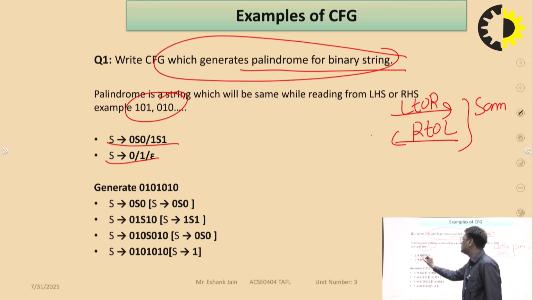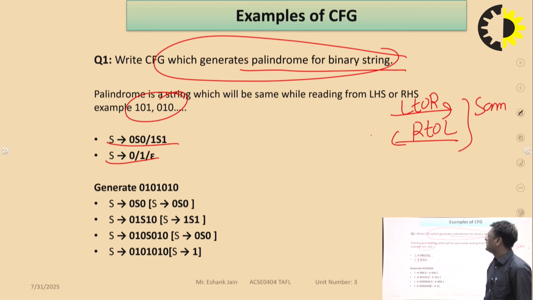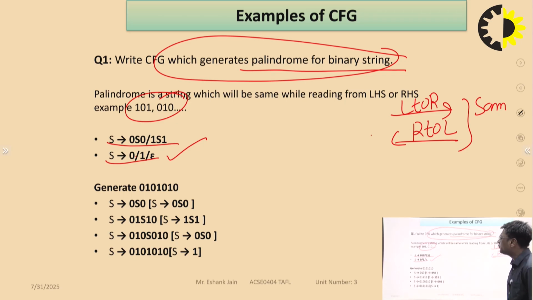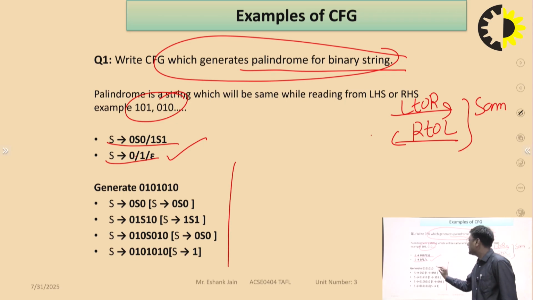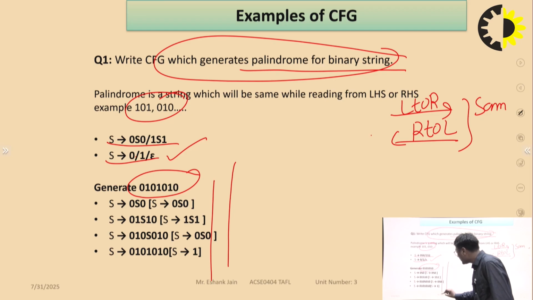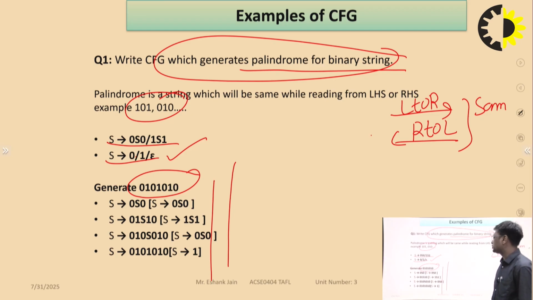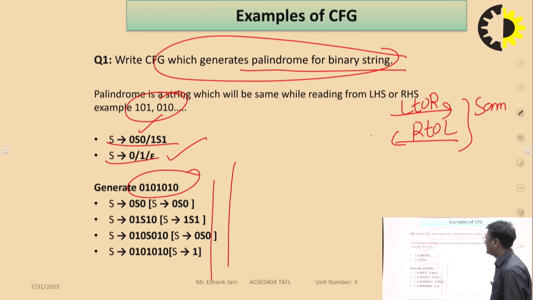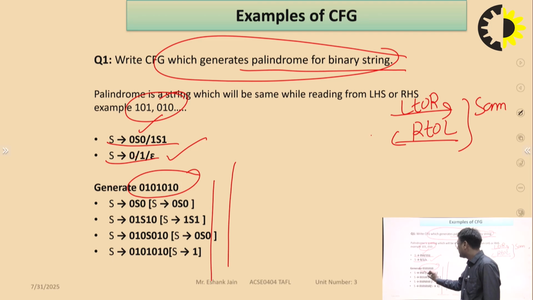S tends to 0S0, 1S1, and S tends to 0, 1, epsilon. Now we can see that we can generate 0101010 with these productions. We take 0S0 as a production and put the value of S as 0S0.